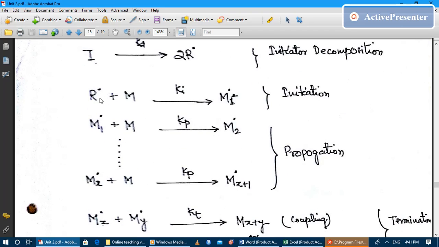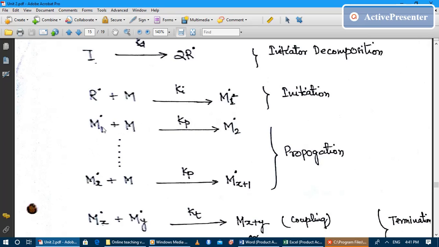Then initiation is R dot plus M, an irreversible reaction with Ki, where Ki is the rate constant for initiation, and this M1 dot is the first species formed during the initiation of polymerization.